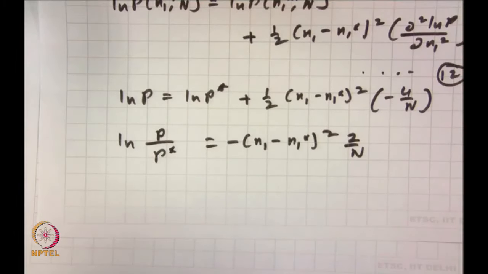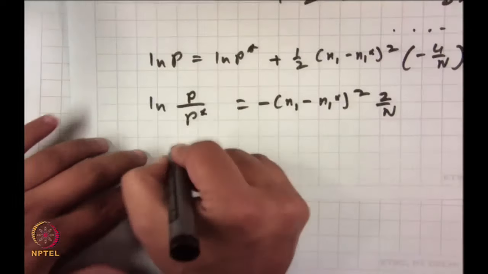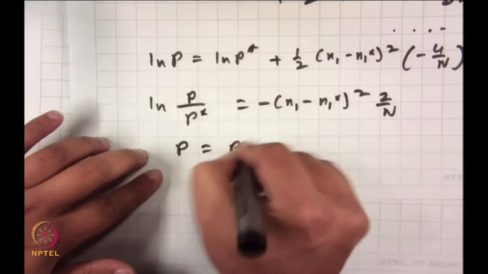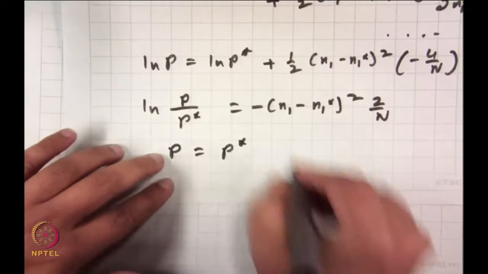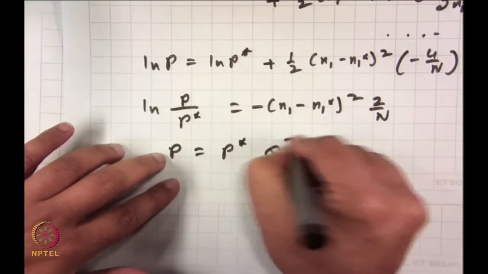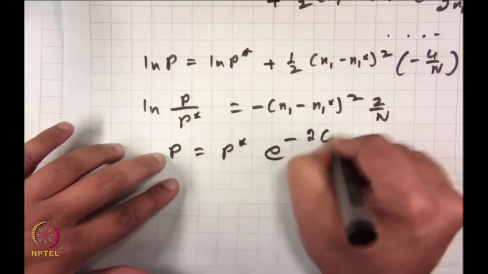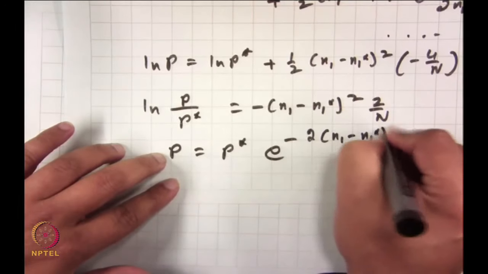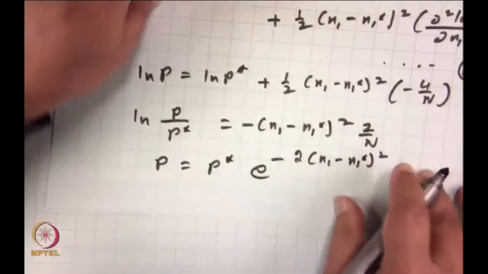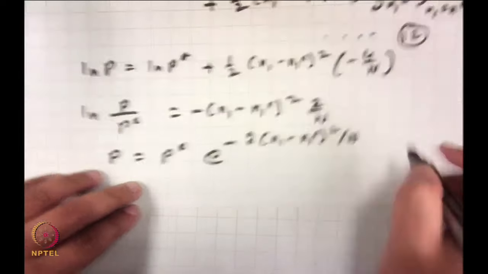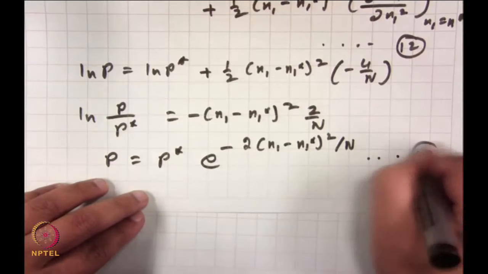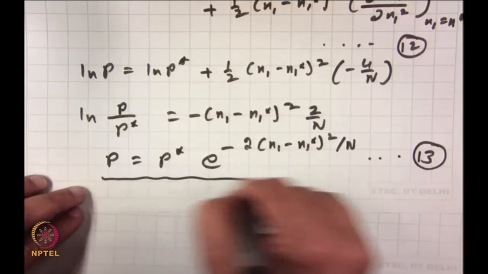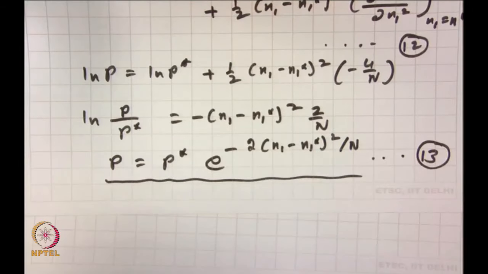So now I can write p is equal to p star e to the power minus 2 n1 minus n1 star squared by n, and this would be 13.